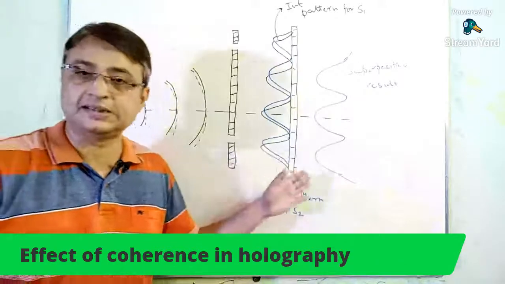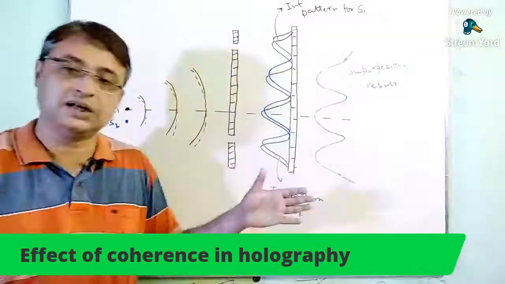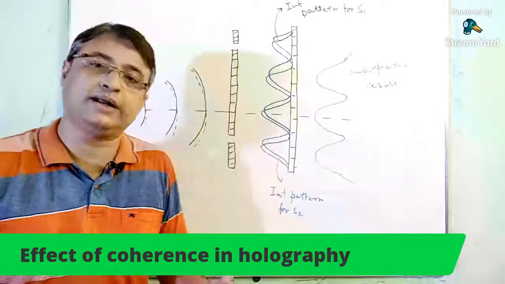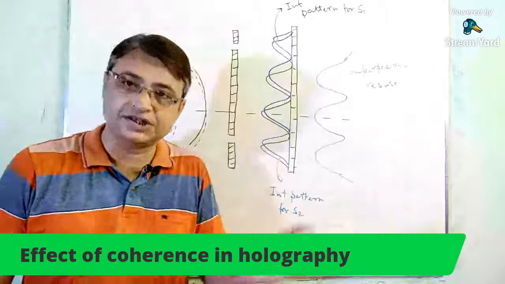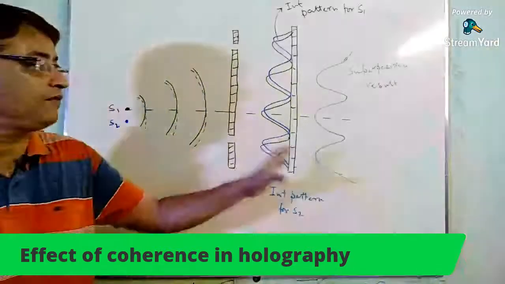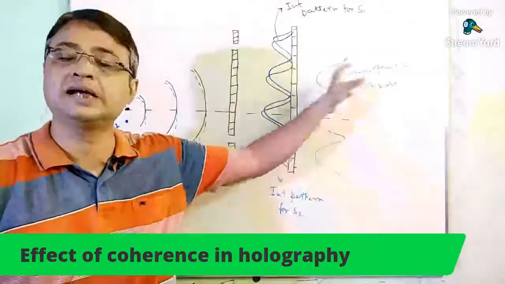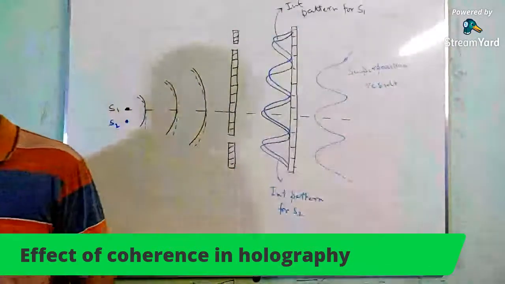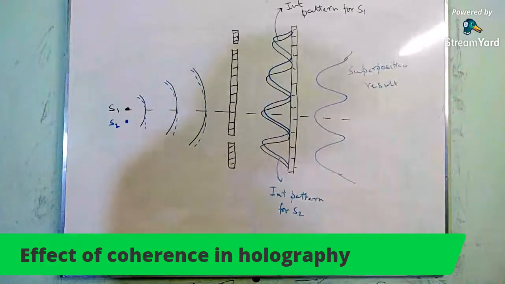But in this case, while the sources are in spatial coherence, the resultant superposition gives an interference pattern in terms of intensity, and here a drop of contrast is shown.